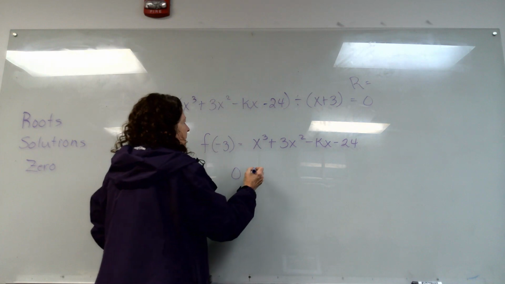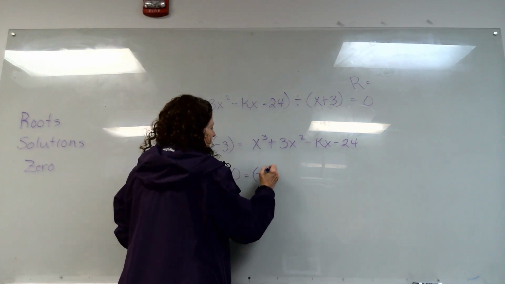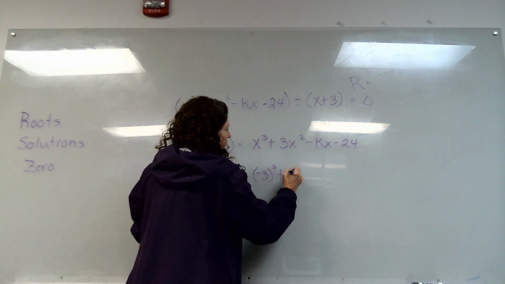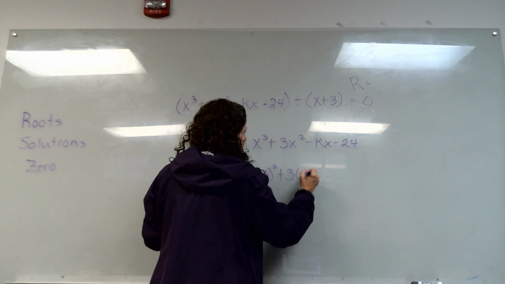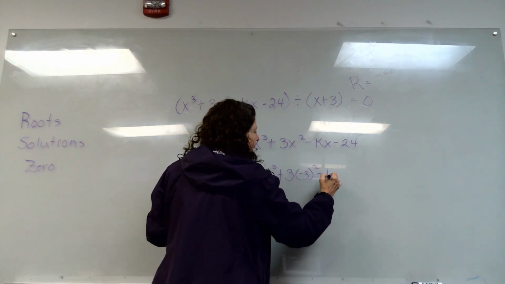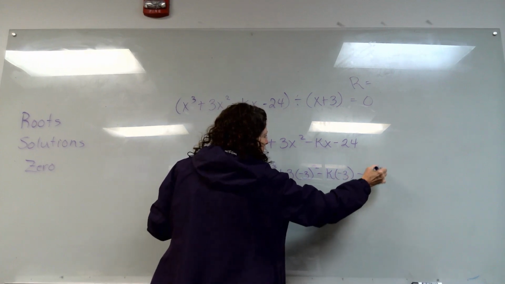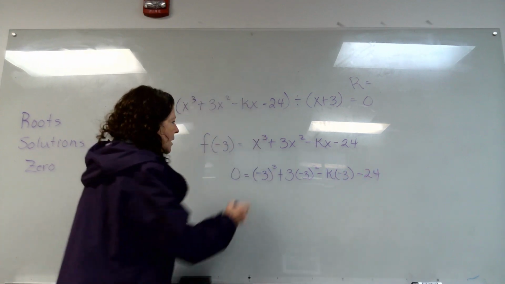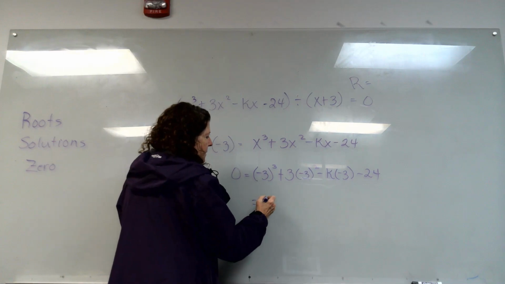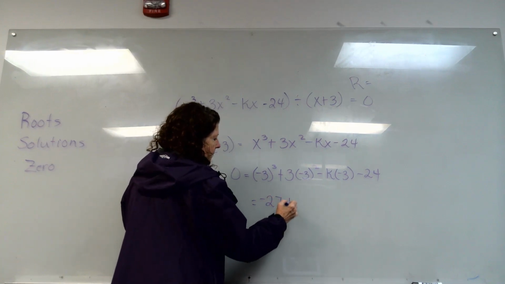So if I plug in the number, I have a negative 3 cubed plus 3 times negative 3 squared minus k times negative 3 minus 24. So negative 3 cubed is negative 27.